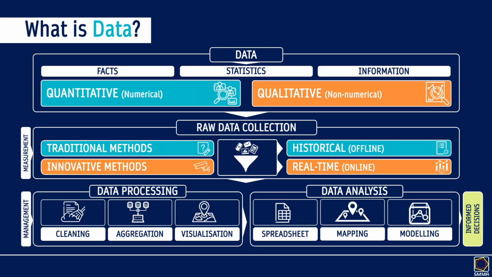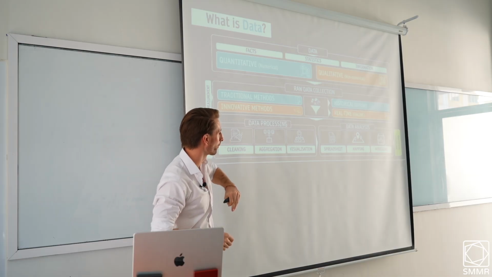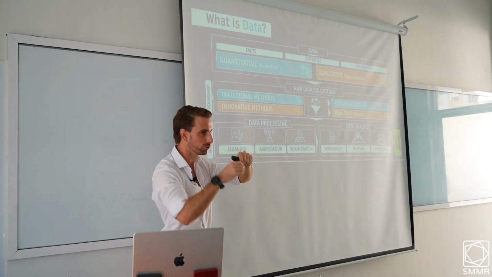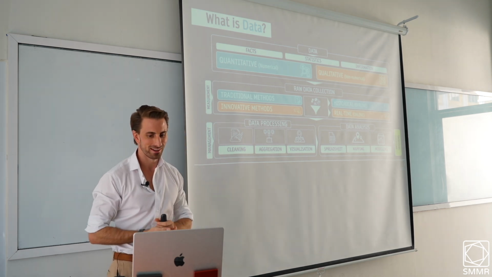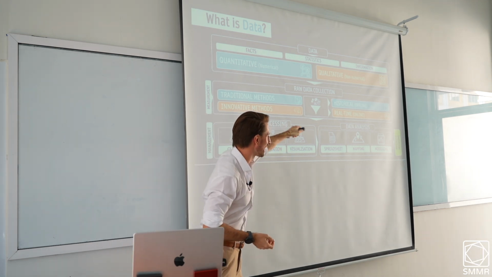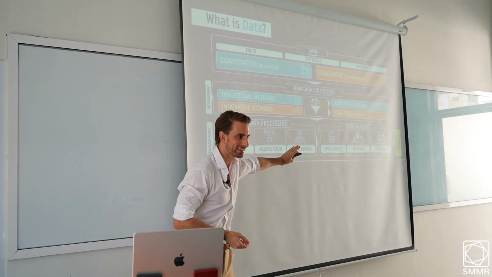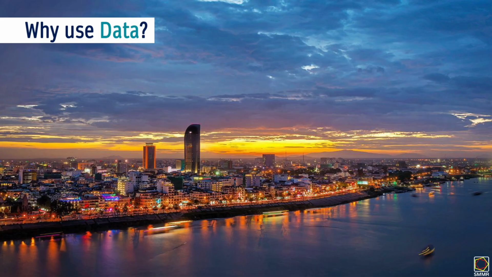And that would happen in the data analysis phase, where you would do mapping and modeling, but also forecasting. So we know what's happening in real time. Now we want to test and evaluate potential interventions. So what if I add a new bus corridor here? How will that change congestion? Or what if I build a new overpass? What impact will that have? And that is all done in the data analysis phase, and we'll look at that in a few slides' time.